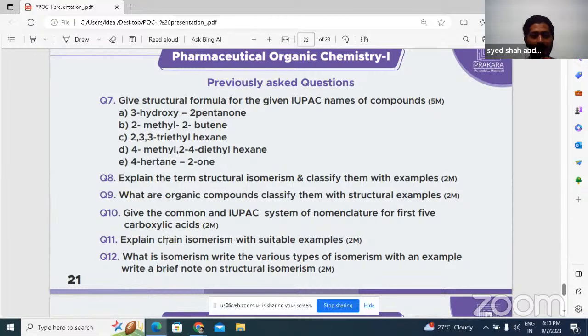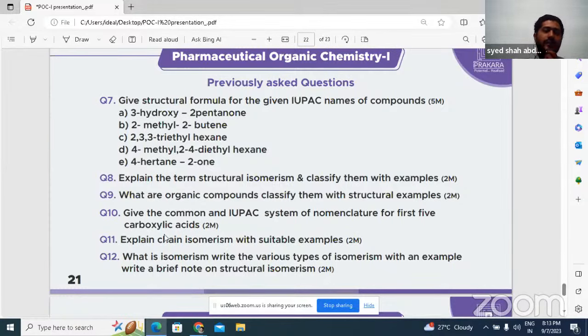And here you can see the first 5 carboxylic acids: the IUPAC system of nomenclature for the first 5 carboxylic acids, how to name them, and the common names of carboxylic acids. And then chain isomerism, it is very simple. It has been asked for 2 marks.